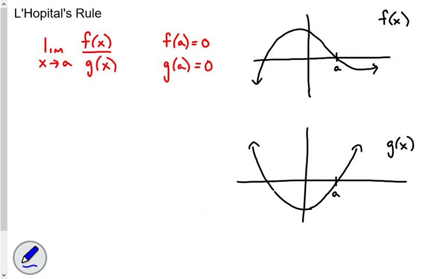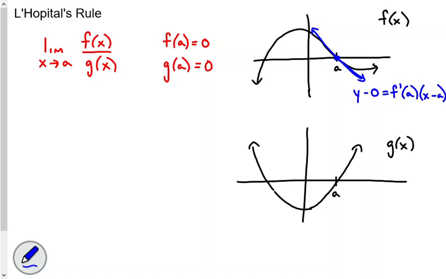Okay, at this point right here, A, if I made a tangent line, let's make a tangent line at A. What's my tangent line equation at A? y minus f of A equals the derivative at A times x minus A, right?